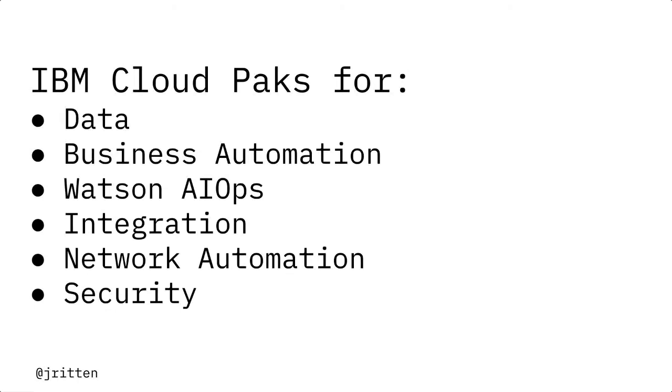So if you need an application and Watson AI Ops or business automation or maybe security, it includes all of the pieces you need to build and deploy and scale a secure application with all of its enterprise ready with all of the pieces that you need.